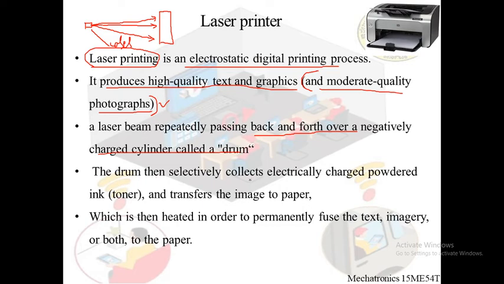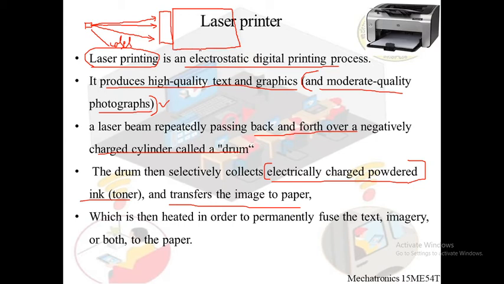The drum then selectively collects electrically charged powder. The drum has a negative charge attached to it, which attracts the toner powder from the cartridge, which is then transferred to the paper. The paper is made to roll around this drum. Under this drum, the toner attached to the drum is transferred to the paper.